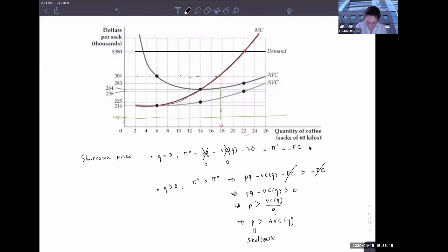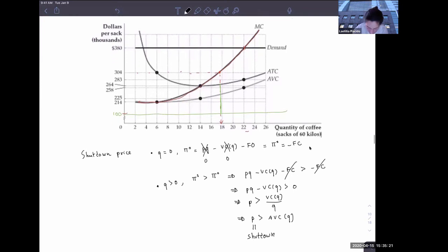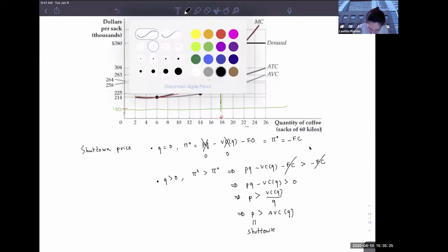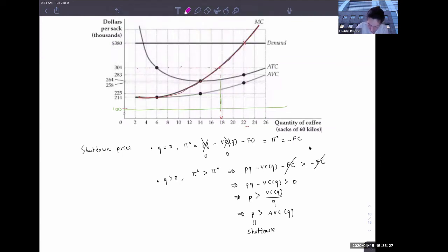Well, the shutdown price is going to be the minimum of the AVC here.